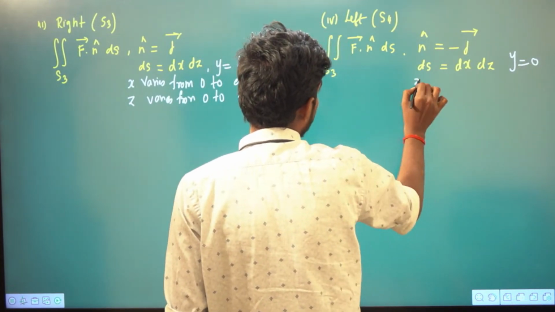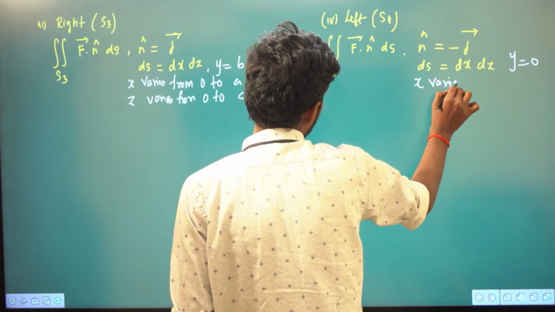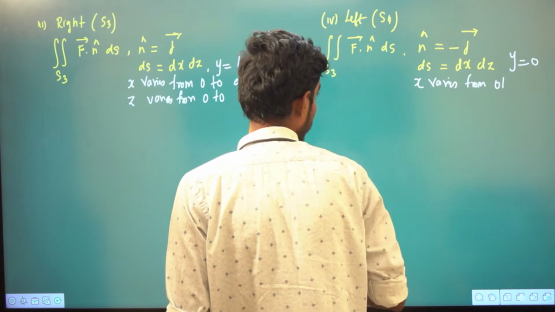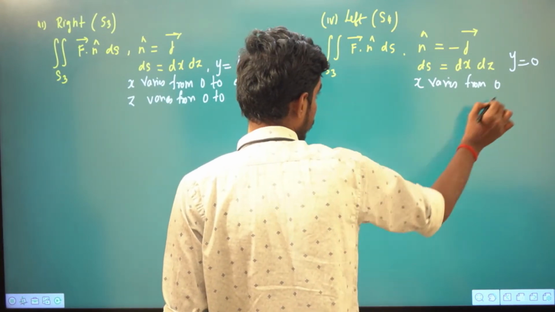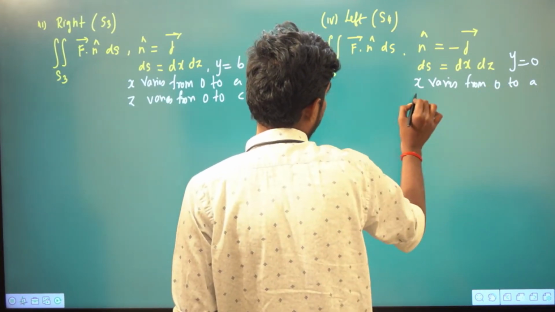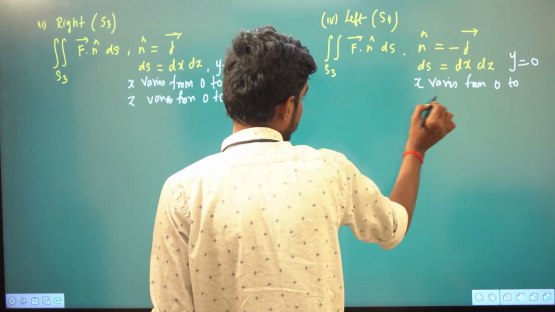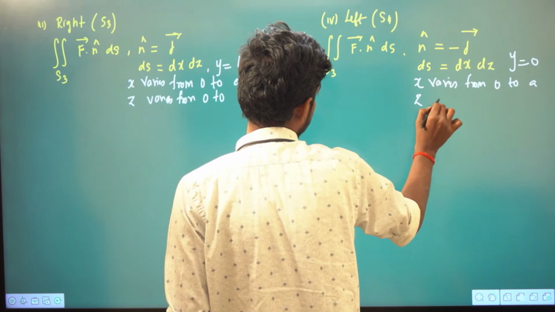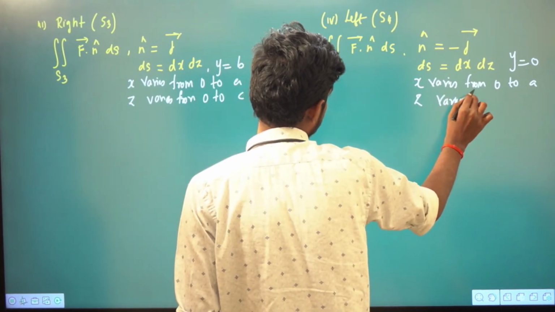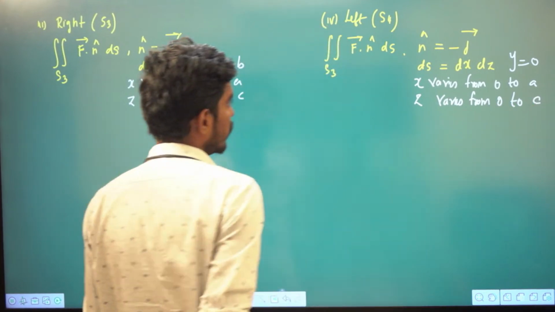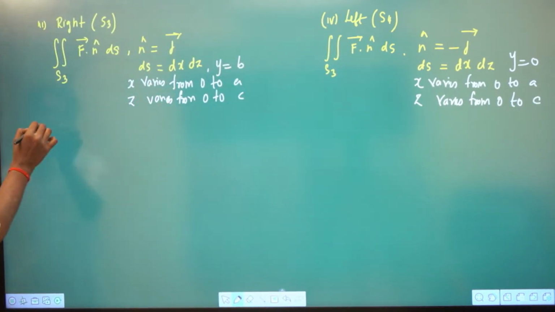And we know x varies from 0 to a from the question, and z varies from 0 to c. Now we are equipped to do this problem.